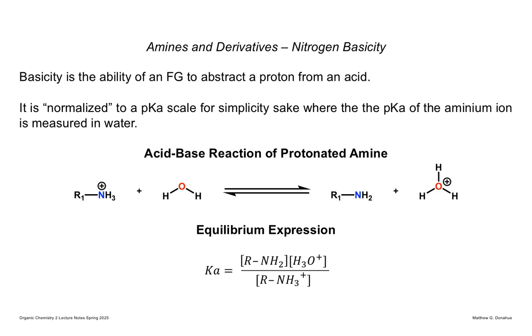So for this species here, we have a nitrogen with a positive charge, so that's ammonium. And then we have this equilibrium expression in water, where we do a proton transfer from the water, basically abstracting one of those hydrogens.